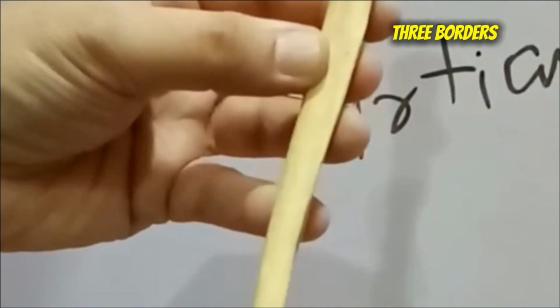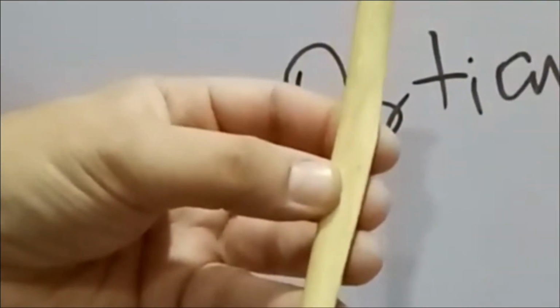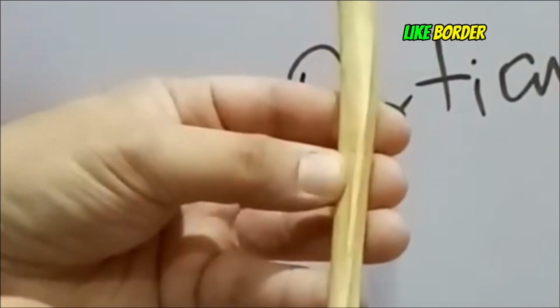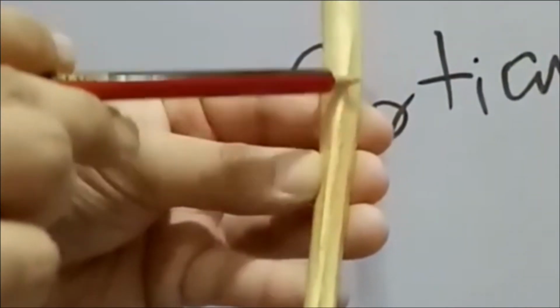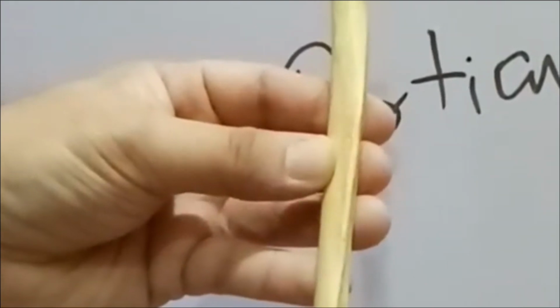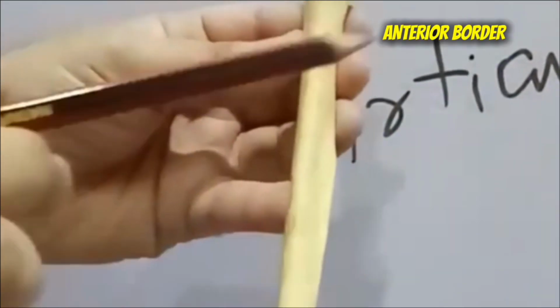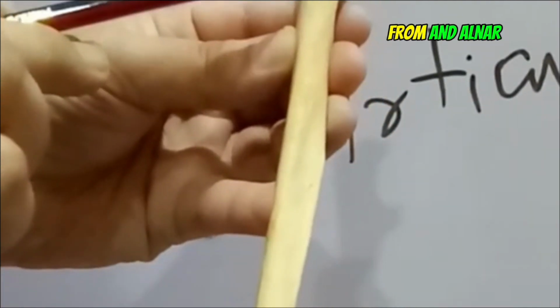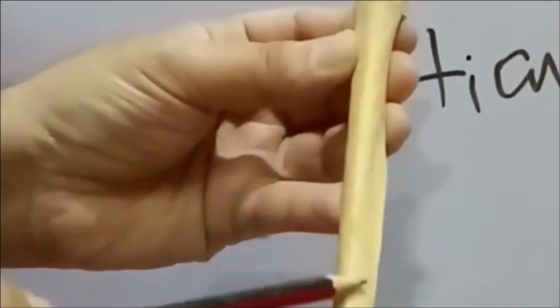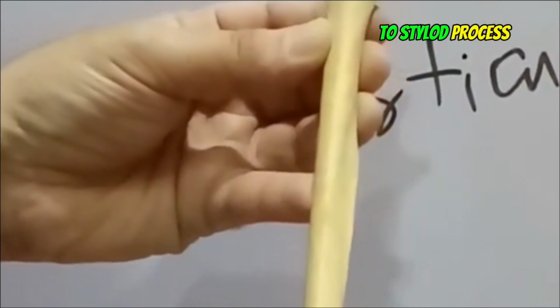Now in the shaft there are 3 borders and 3 surfaces. The sharp crest-like border, the most prominent, is the interosseous or the lateral border. Then there is an anterior border which is thick and rounded. It starts above from the ulnar tuberosity and goes down to the styloid process.